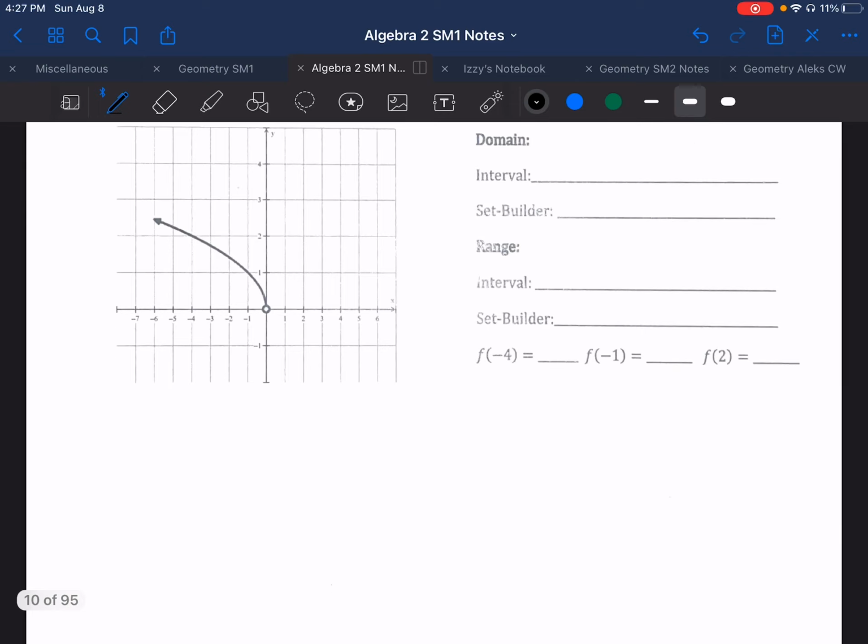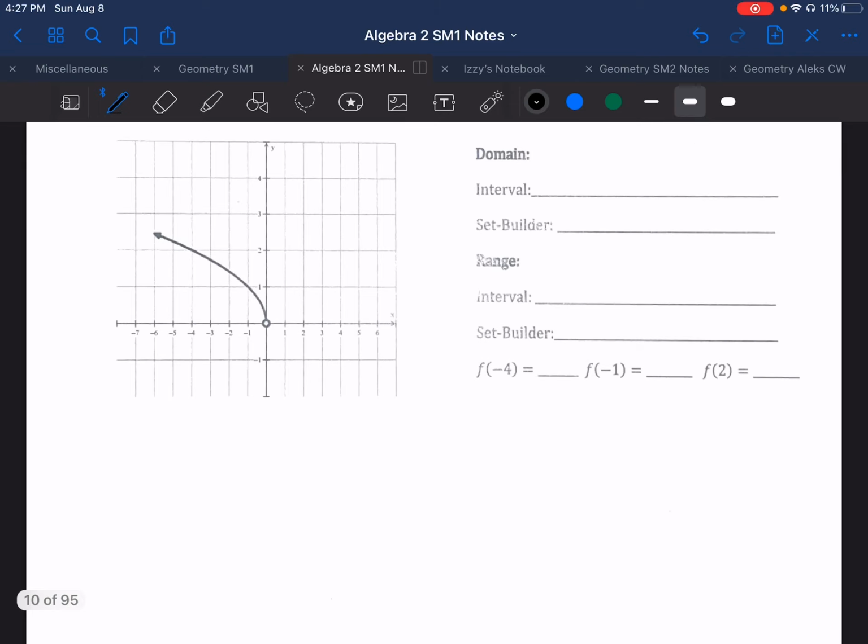Okay, so let's take a look at graph number 2. Same questions. Let's start with our domain. Remember, your domain are your x values, and you're simply going to talk about the x-axis. Remember, we read it from the left side over to the right side. On the left side, we have negative infinity, and on the right side, we have positive infinity.